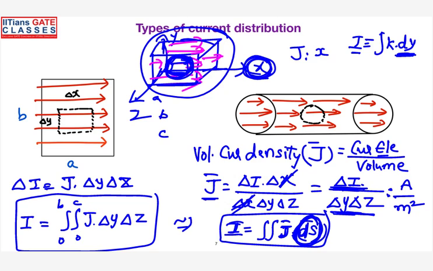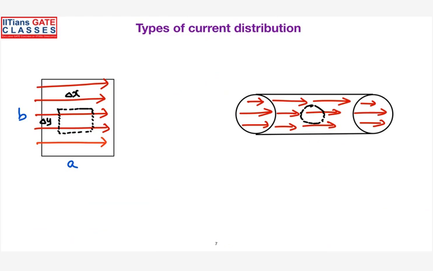So finally, what is the summary here? In terms of line current, the value will be I, and in terms of surface current, you will get the line integral of K into delta Y or delta L. But remember, this limit should be selected perpendicular to the current.